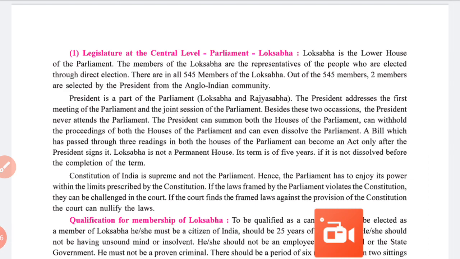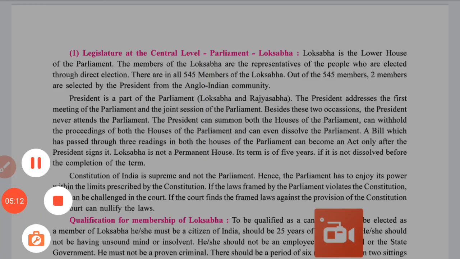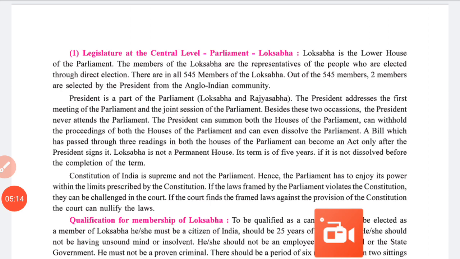Please underline: the members of the Lok Sabha are the representatives of the people who are elected through direct election. There are 545 members of Lok Sabha. Out of 545 members, 2 members are selected by the President from the Anglo-Indian community.